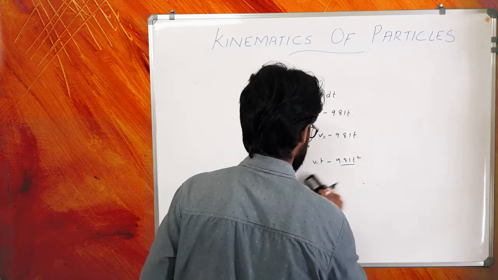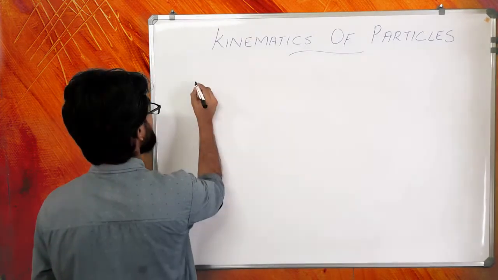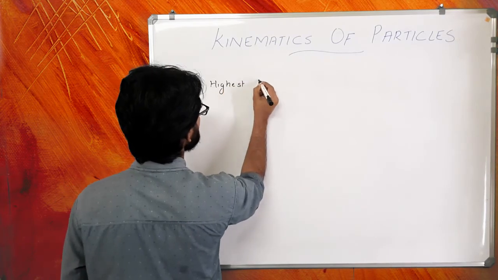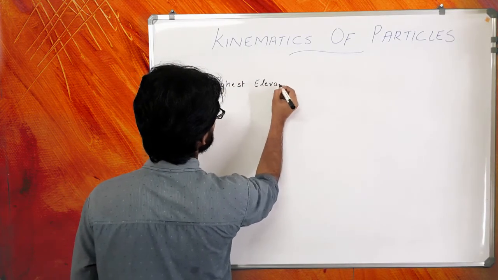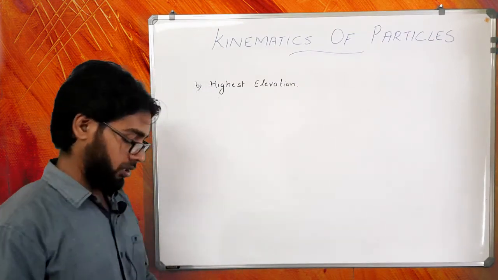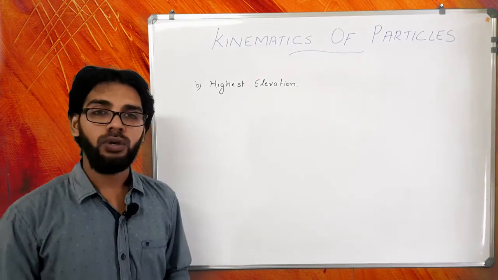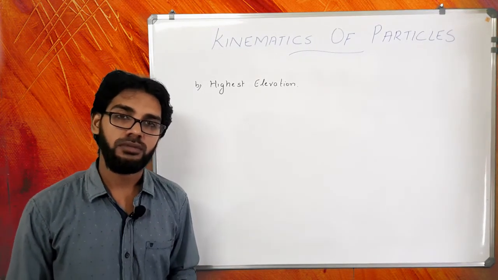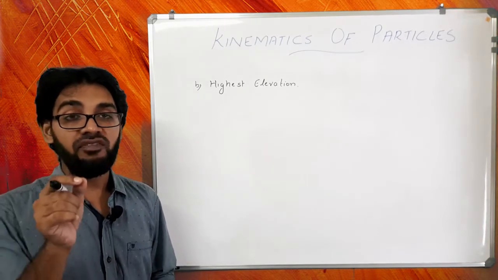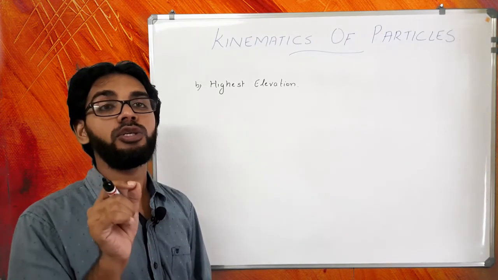Moving on to the second part of the question, the highest elevation. When do you have the highest elevation? The highest elevation occurs when the velocity of the ball is equal to 0.